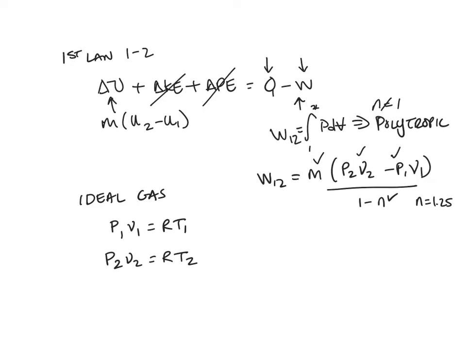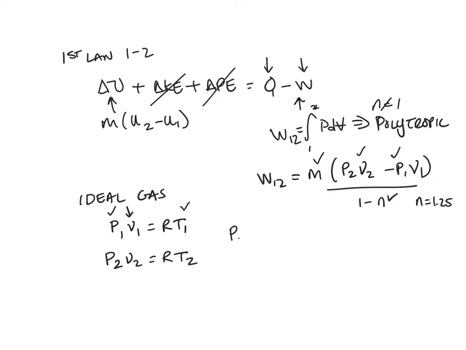It probably makes the most sense to do this at state 1, because at state 1 we have pressure 1 and we have temperature 1. So that would allow us to solve for V1. That's great, because that was one of the missing things that we had over here. And then we could either use the ideal gas law again, or we can use the polytropic relationship.